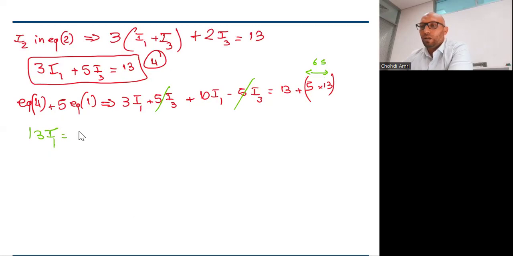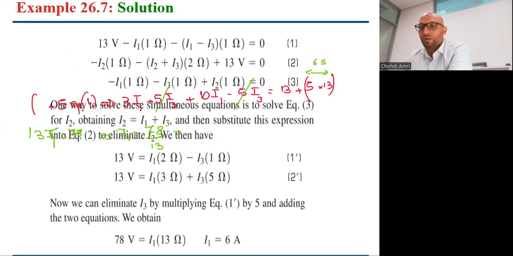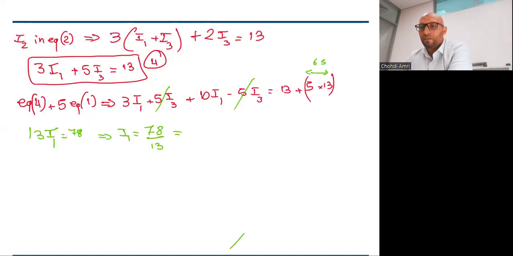It's going to be 78. Good. So that means I1 equals 78 divided by 13. How much? I1 will be 6 amperes.